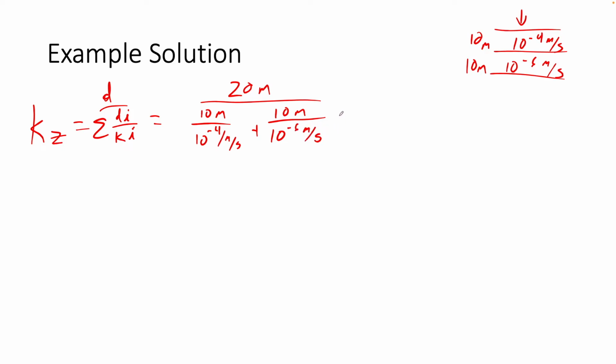And that comes out to be 1.98 times 10 to the negative 6 meters per second.